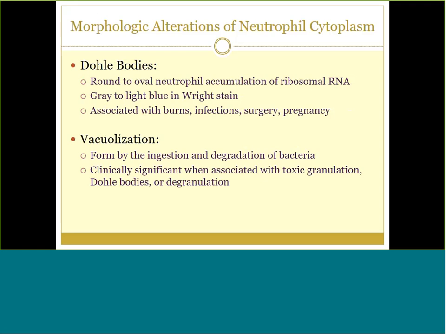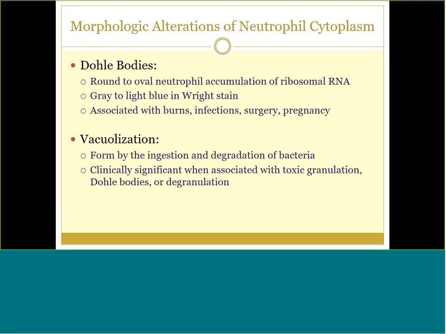It's blue because it's made of RNA. RNA always stains blue. It's still associated with bacterial infections, also maybe some pregnancy complications, burns, surgical things. So it is clinically significant. Again, you would want to note that you saw Dohle bodies.